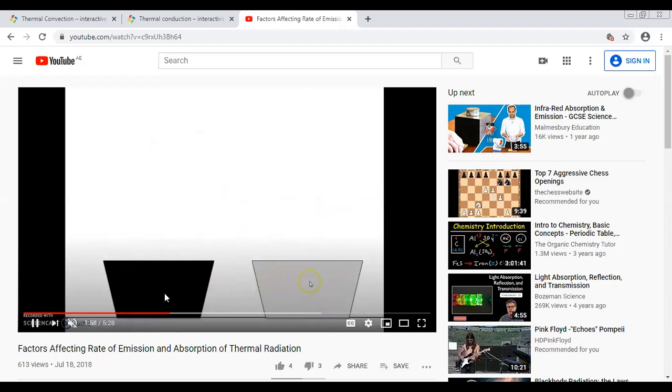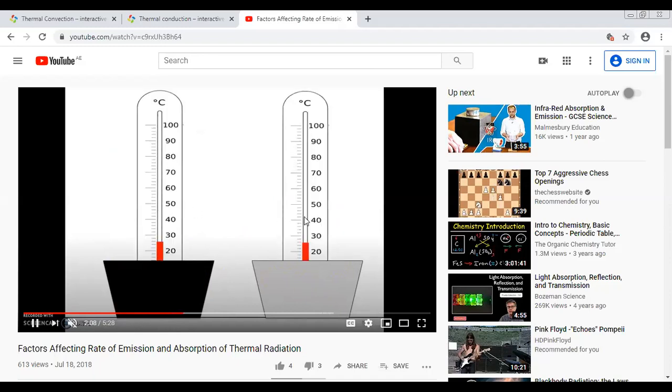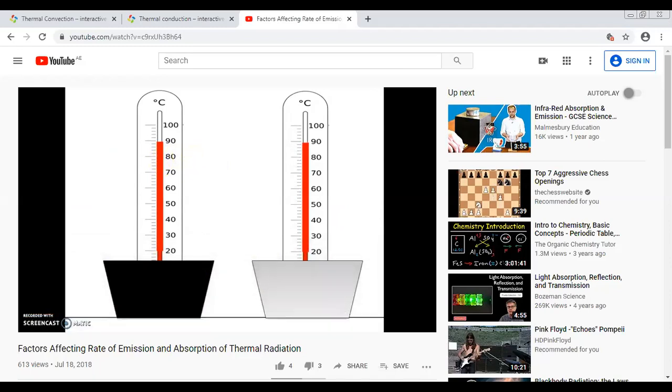This one is painted matte black, and this one shiny silver. We filled inside the same amount of boiling water. Then we insert two thermometers. So as you see, the temperature is equal, 90 Celsius, 90 Celsius. And now we have to wait some time to see.